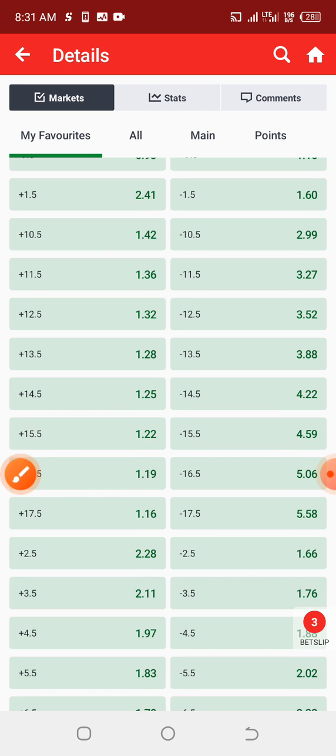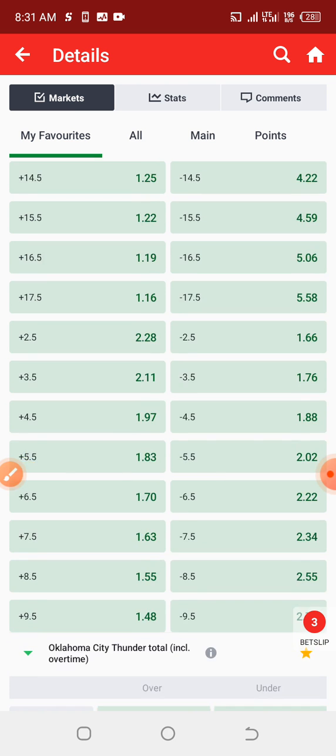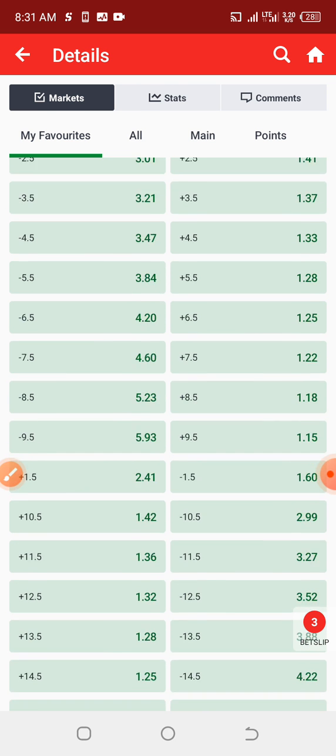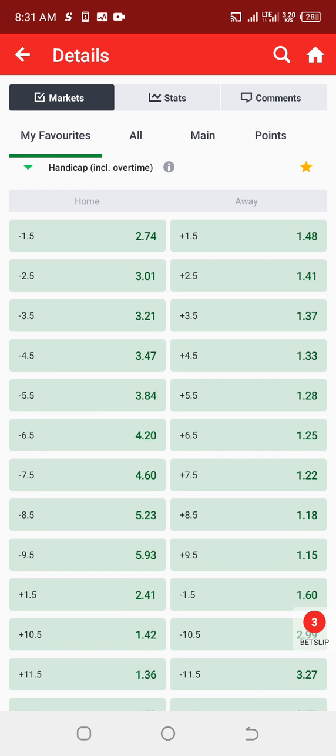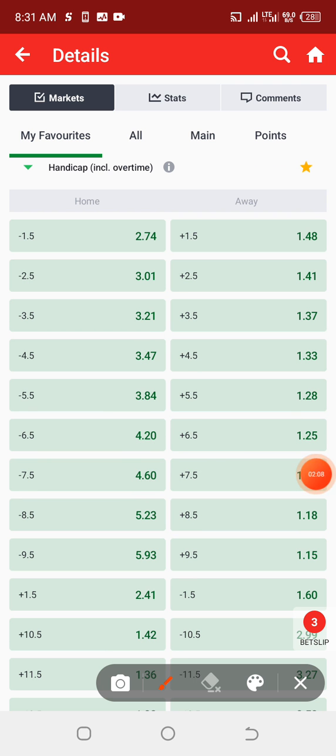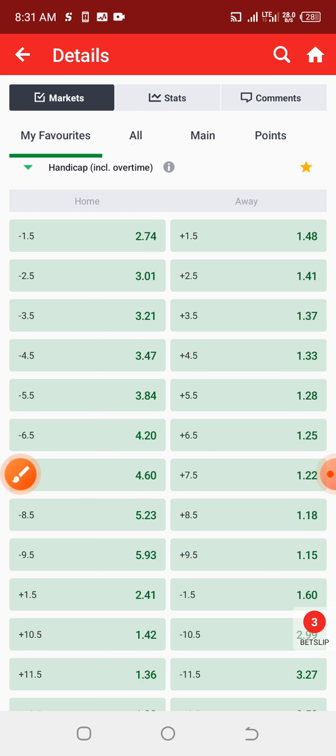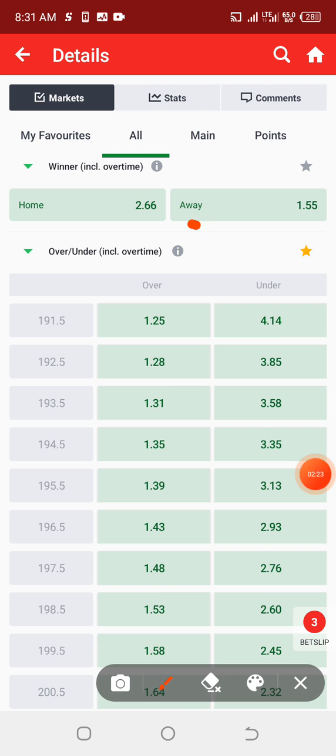And let's say you are giving the away team a point spread. Now let's assume that you want to support the away team to win the game, because the odds they gave the away team to win the game was 1.55.